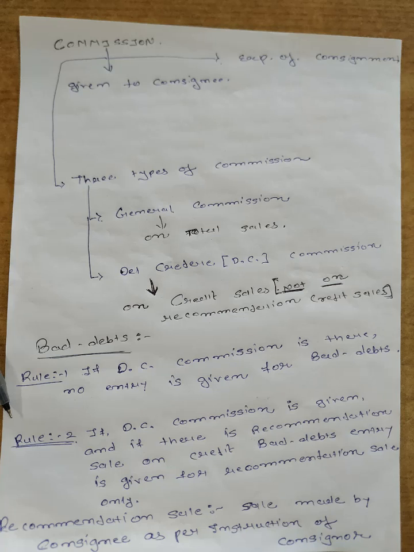So DC commission is not calculated on recommendation sale, and if there are bad debts due to recommendation sale, with the sale which happened with the instruction of the consignor, then those bad debts must be borne by the consignor even if there is a DC commission.